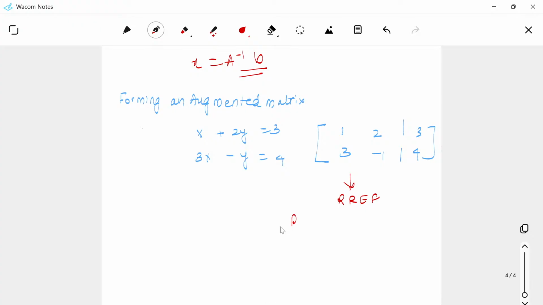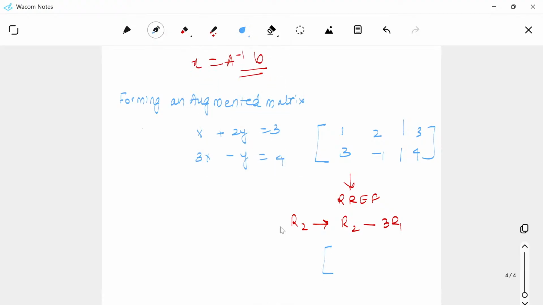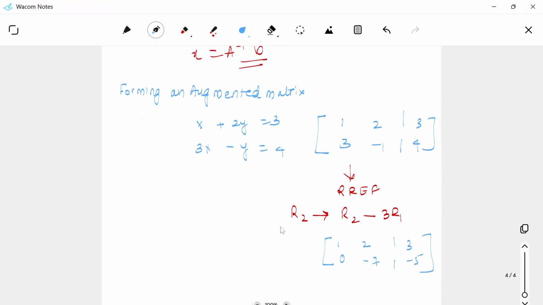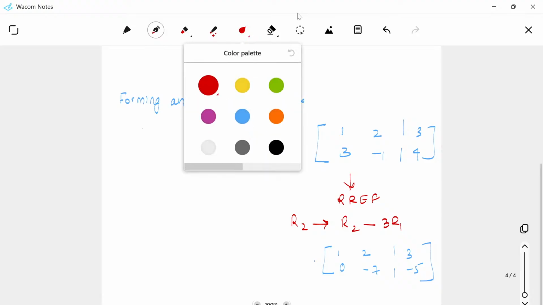do row operations. So this would be [1, 2, 3; 0, minus 7, minus 5]. Then you do R2 divided by minus 7, to make one pivot element.